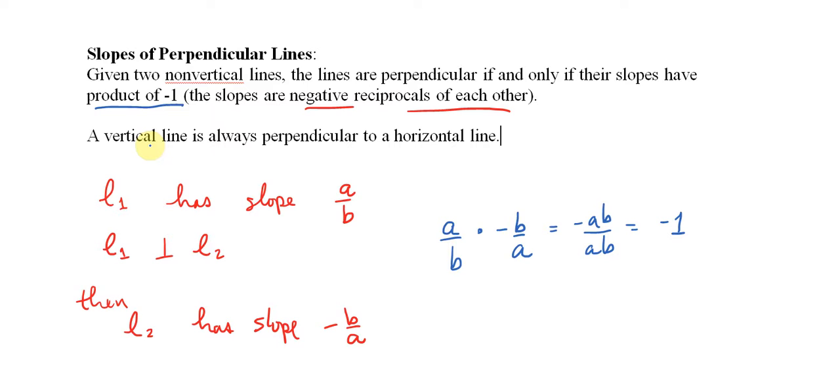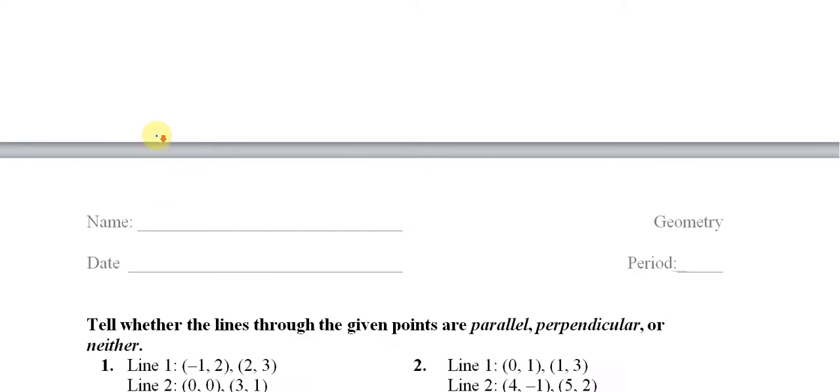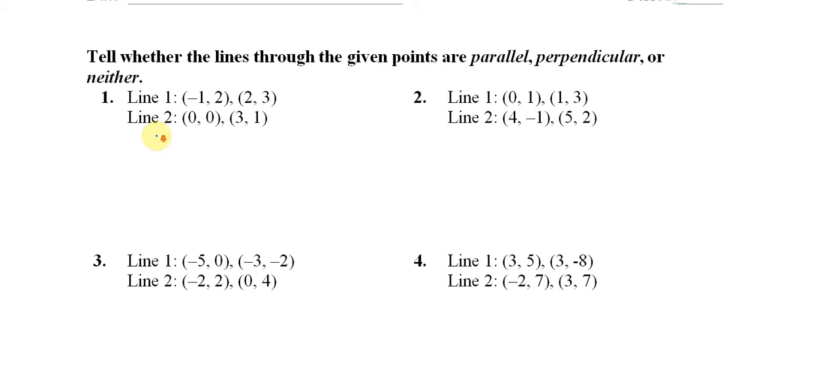All right. With that in mind, let us look at these four examples together and see if they are parallel, perpendicular, or neither. Just a reminder, parallel means that the slopes are equal. Perpendicular means they are negative reciprocals of each other. Let's see here.